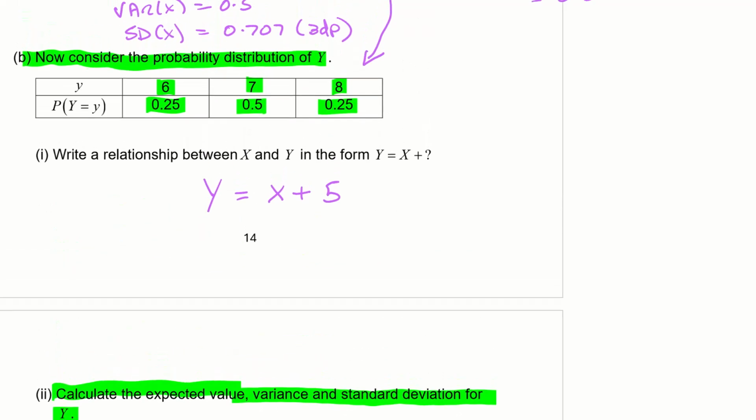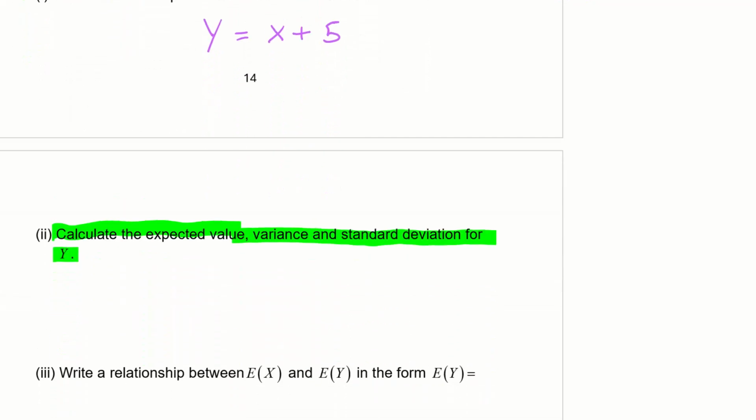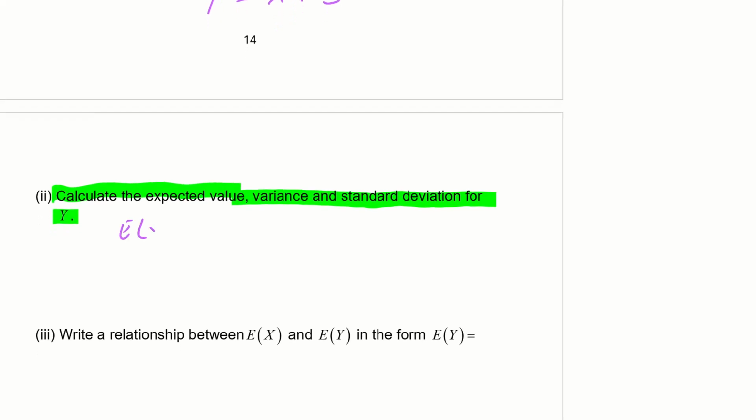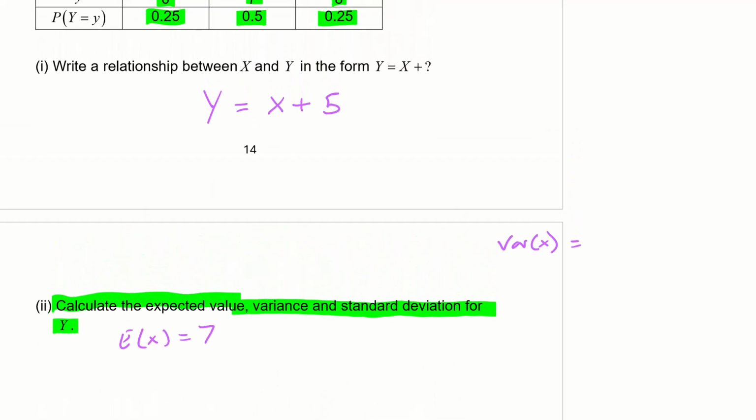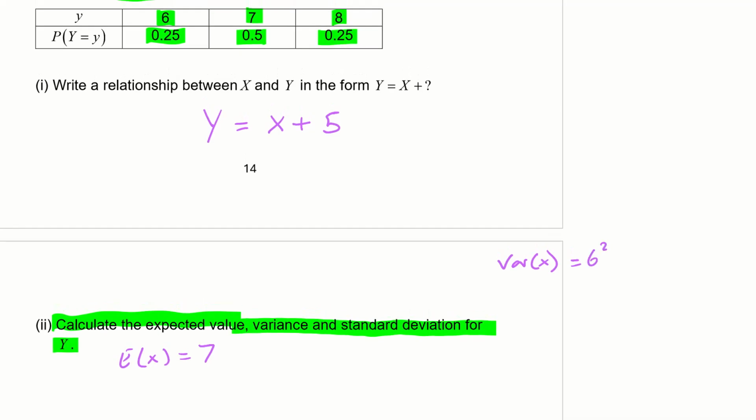Well, as before, because this is symmetrical, we can say E of y is equal to 7. And then if we do the calculation for var y, that is going to be 6 squared times 0.25 plus 7 squared times 0.5 plus 8 squared times 0.25, and then take away 7 squared.